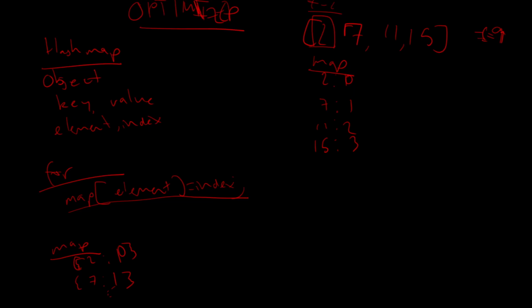So we can do another for loop, and for each element, does the map contain target minus the element? And we'll just say I is equal to the element, not the actual index. So if it's not equal to undefined, then we know we have an answer. So we can then just return what this map at target minus I is, because remember that's the index, and we can also return the actual index at I. So let's take a look at the code and see if that helps piece some things together.